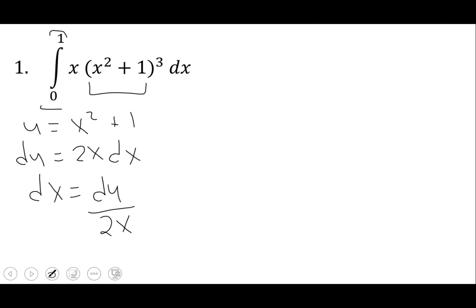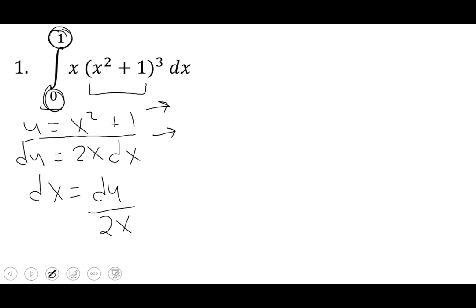Now we also have to take our limits of integration, 0 and 1, and rewrite those from x's to u's. The way that you do that is by taking your u equals statement, plugging in the top number, and plugging in the bottom number, and that's going to change your x values into u values.